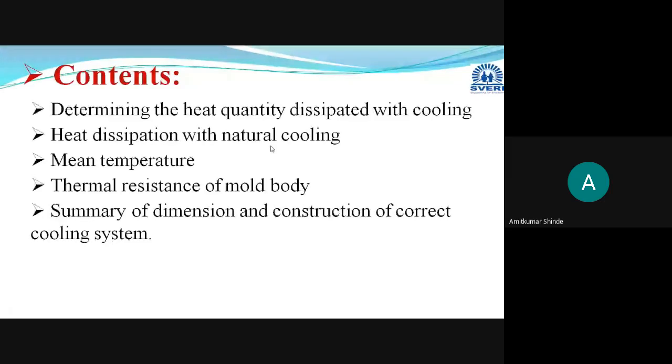In the next session, we will solve some numericals, and after that, we will discuss the main points: temperature, thermal resistance of a mold body, and summary dimensions with construction of correct cooling. We'll see in the end.